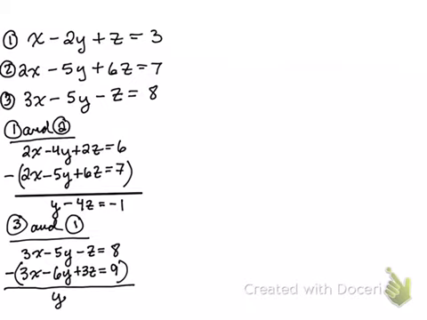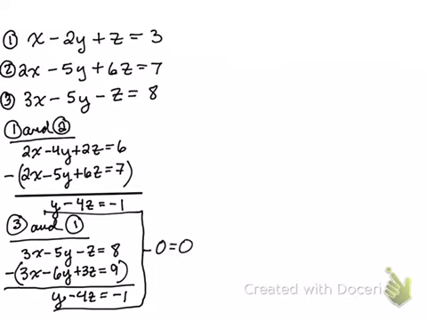Negative 3 minus 3 gives me negative 4z. And 8 minus 9 gives me negative 1. So yes, in fact, this is matching this, so I am going to have infinite solutions. When I combine those two, I'm going to get 0 equals 0, infinite solutions.